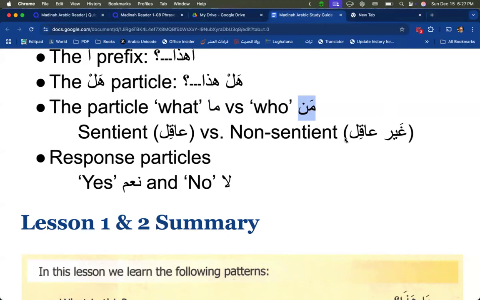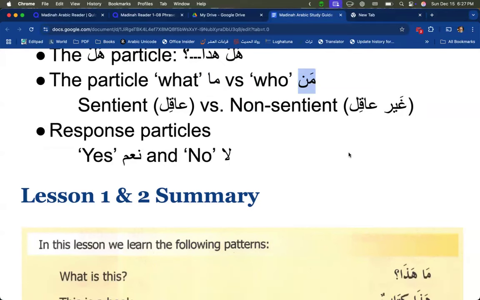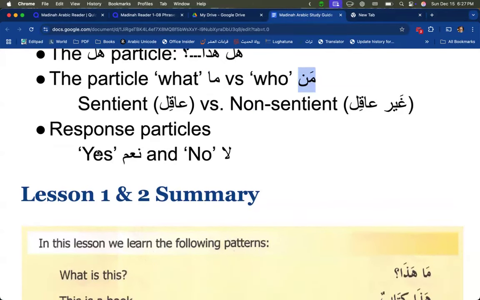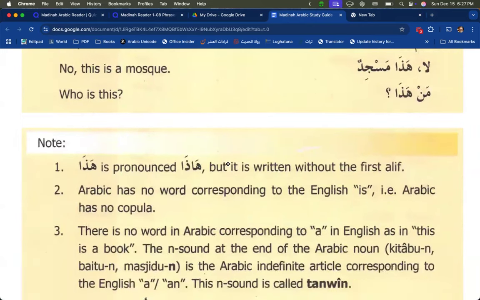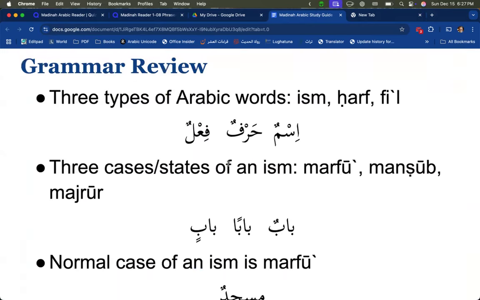Somebody who has rationality, meaning a person, or غير عاقل, meaning something that has no intellect. And then we also learned the response particles, right? Naam, yes, la, no. Okay, that was lesson one. Good review? Okay, then this is just at the end of lesson one. I'm not going to read this right now.